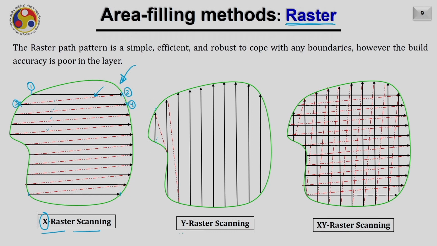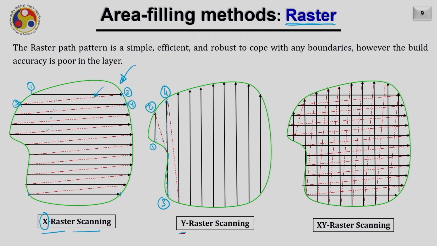If it is Y raster, then of course we will deposit the material along the Y direction. Here again you can see the tool is moving from point 1 to point 2 in the Y direction, like here, and it will add the material, and then the tool will get lifted and it will move from point 2 to point 3 here, and then it will start adding the material along this line and it will reach point 4.